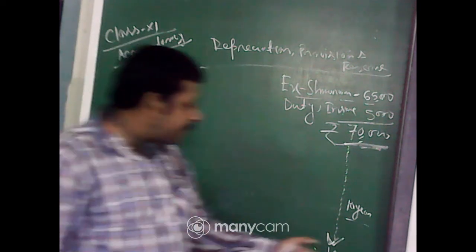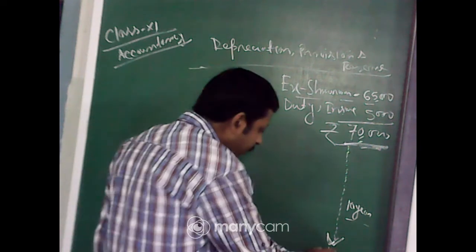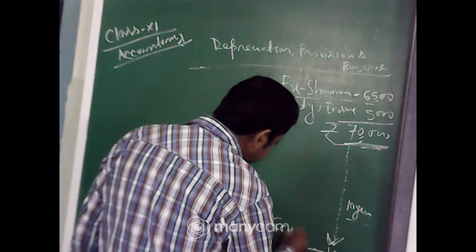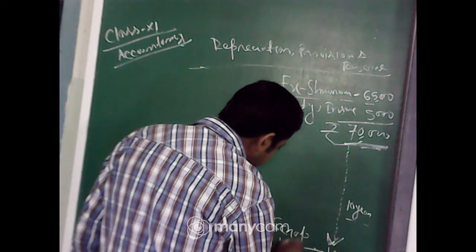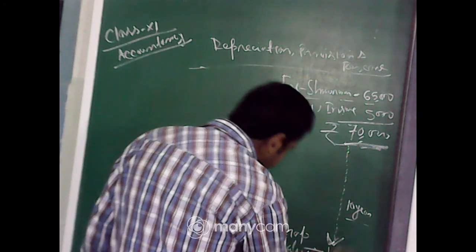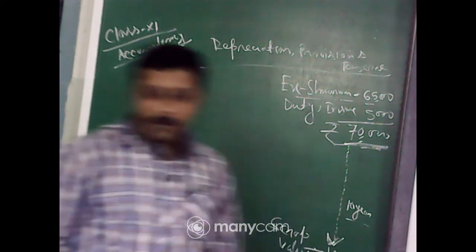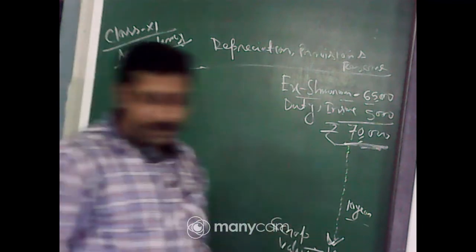So this 10,000 is called scrap value or residual value, and the 10 years is the normal life of this scooty.